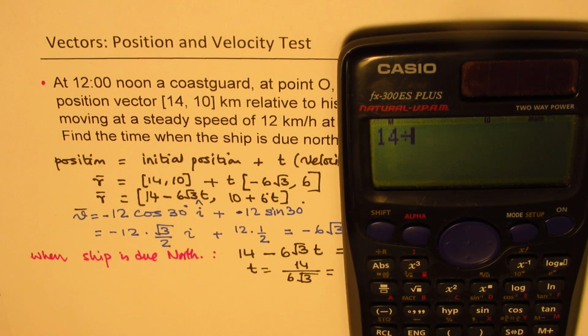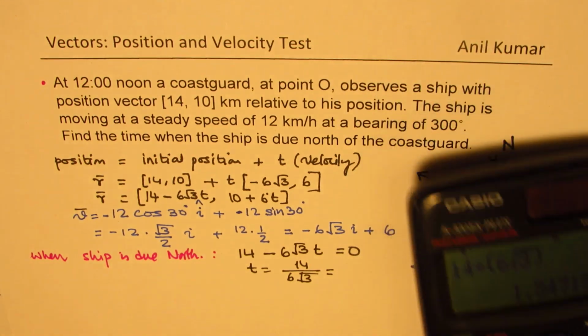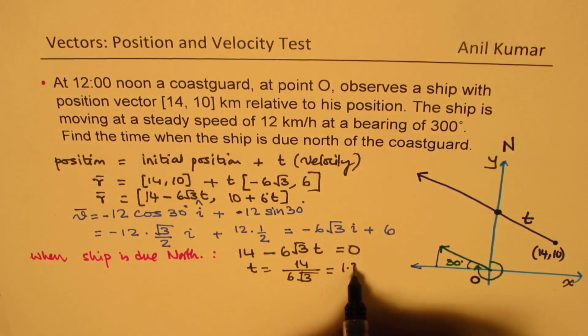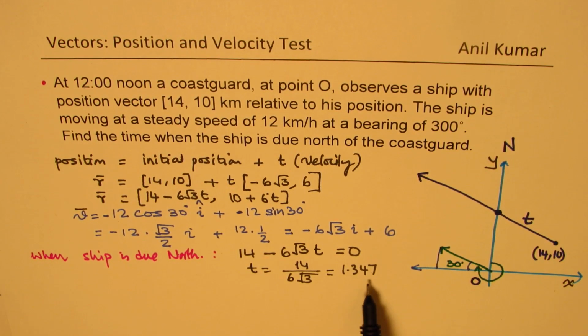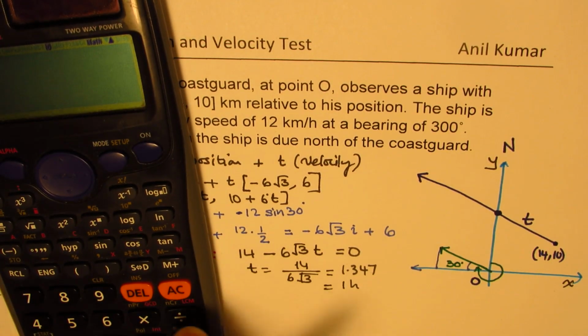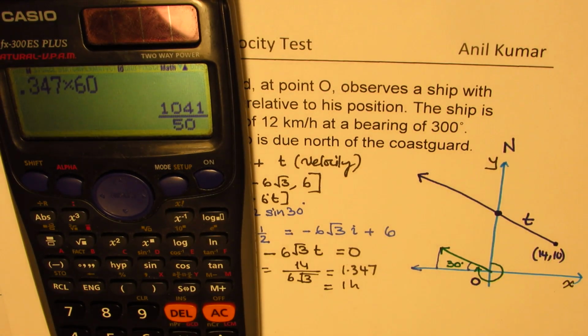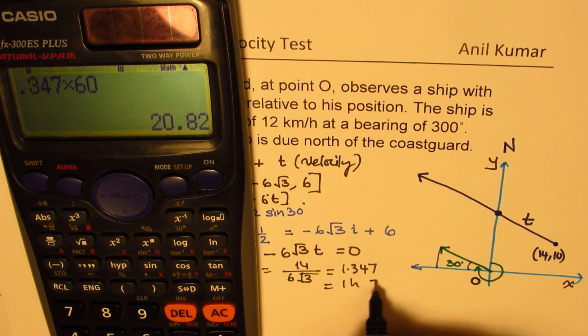We have 14 divided by, within brackets, 6 square root 3, and that is equal to, in decimals, 1.347 hours. So we can convert this: time is equal to 1 hour and 0.347 times 60, which equals 21 minutes.